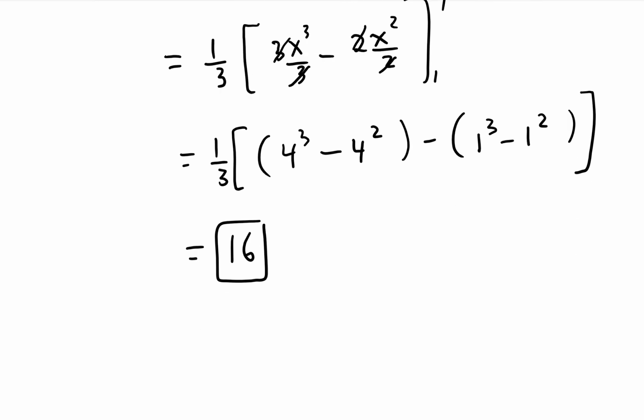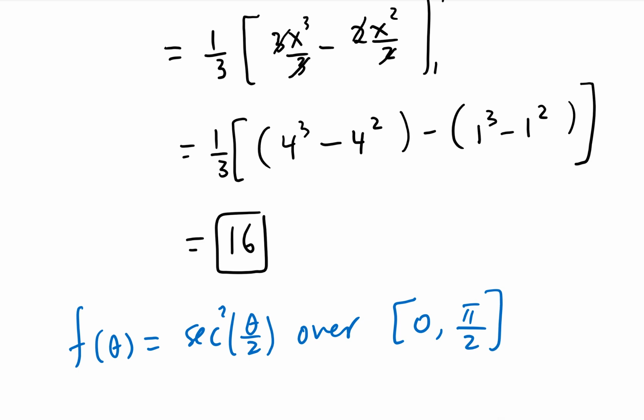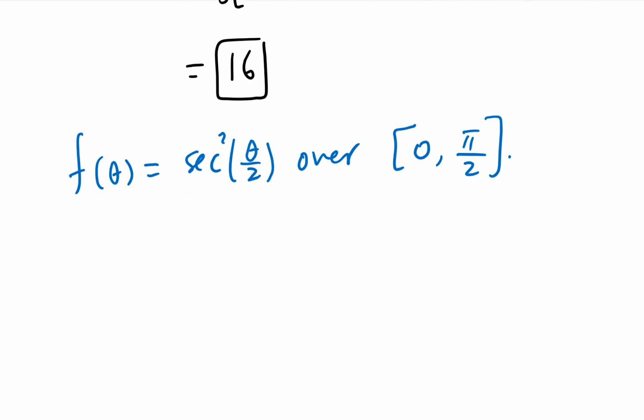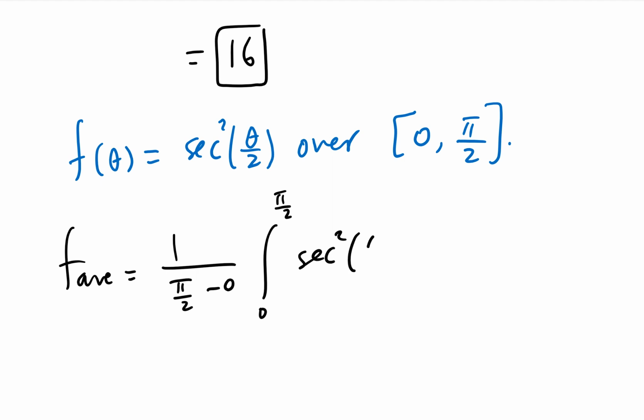Another example, but it's going to be f of theta equals secant squared of theta over 2 over the interval 0 to pi over 2. Find the average value of the function over that interval. So again, the average value is 1 over pi over 2 minus 0, the integral from 0 to pi over 2 of secant squared theta over 2 d theta.